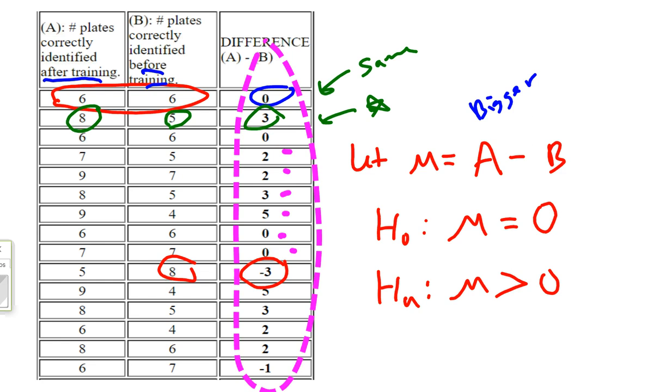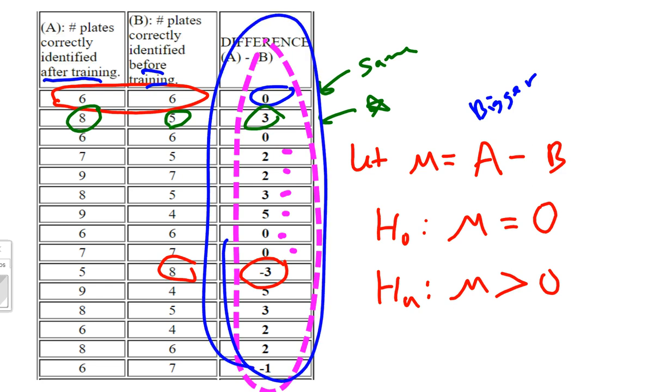Okay, so now what we're going to do is perform a t-test on this last column, the difference column. Right here, I'm circling it again, A minus B. In order to do that, we're going to take these numbers, 0, 3, 2, 2, 3, 5, and so forth, this whole column, and put them into our calculator because we're going to get ready to check our assumptions.